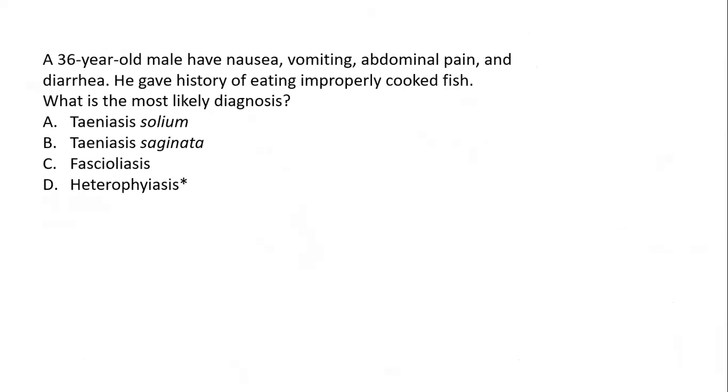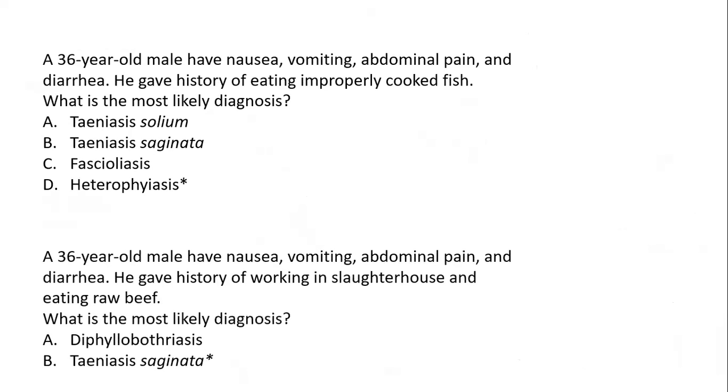Then a 36-year-old male has nausea, vomiting, abdominal pain, and diarrhea. He gave history of eating improperly cooked fish. What is the most likely diagnosis? It is heterophyiasis. Let's see the second question. The same scenario, but the patient gave history of working in a slaughterhouse and eating raw beef.